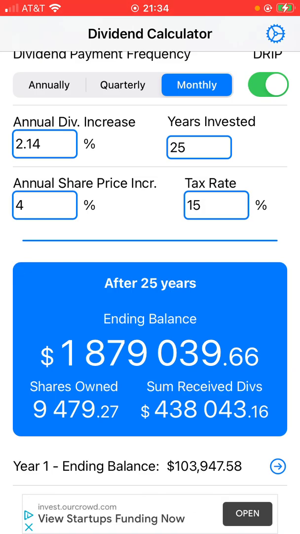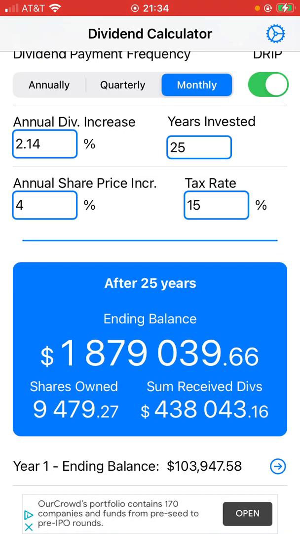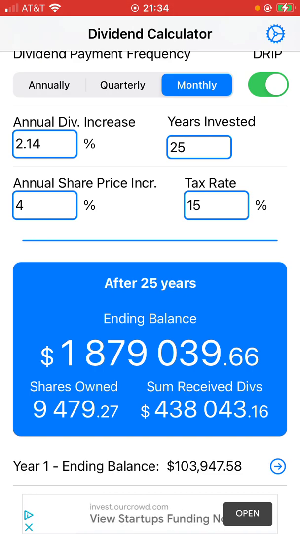You don't think you're going to be bringing in a lot of income, and your tax rate will be 15% or less. No one has a crystal ball for what's going to happen in the next 25 years, but you can get kind of an inkling, and you can play around with it, like what if.